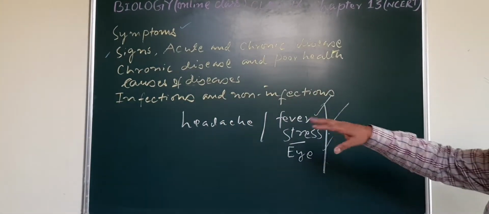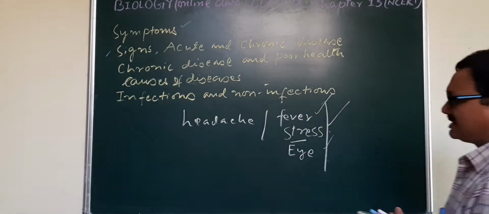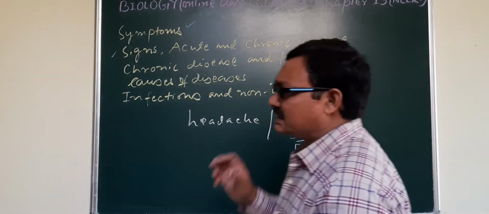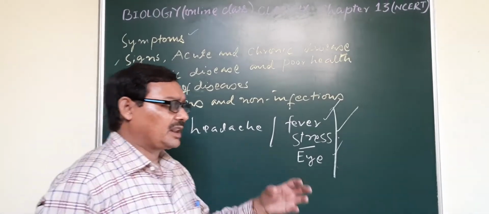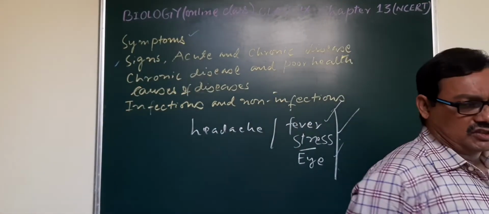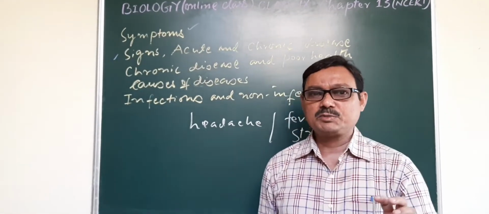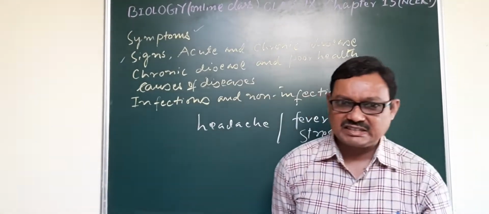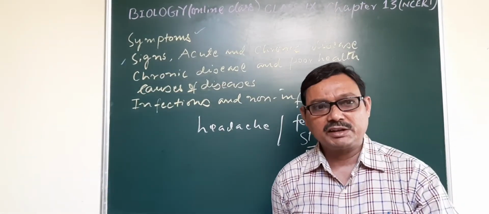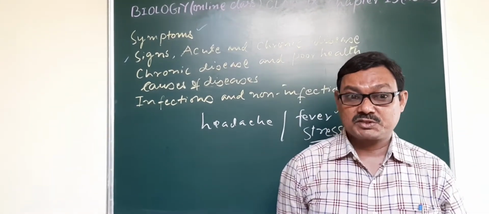And later on, at the last, we will talk about infectious and non-infectious diseases. The diseases may be caused by several pathogens, or microorganisms like virus, bacteria, protozoa, fungi, and others which are not microorganisms, like worms.